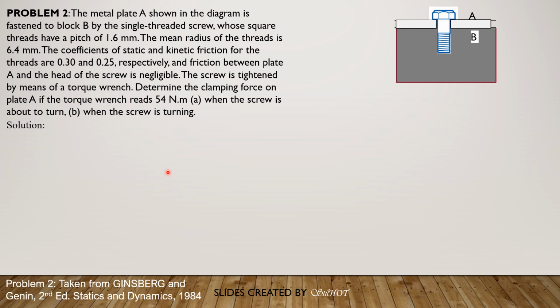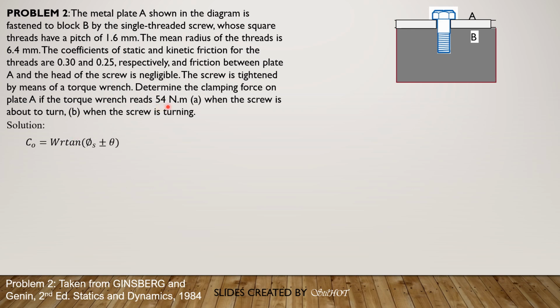So C sub O, or couple or moment or torque, is equal to W r tangent of phi sub s plus or minus theta. In this case, we use plus because we have to raise supposedly the weight or the clamping force. So we use plus, so phi sub s plus theta. We use minus if you are going to lower slightly the weight.